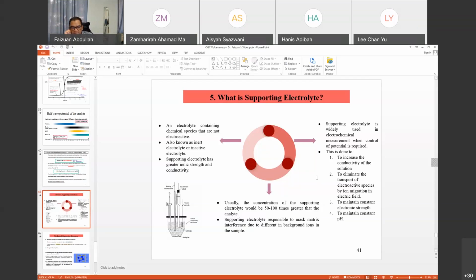Increase sensitivity. Saya dengar tadi yang Zam cakap. Zam nak betulkan ke macam mana? Adakah dia increase sensitivity ataupun dia increase conductivity?